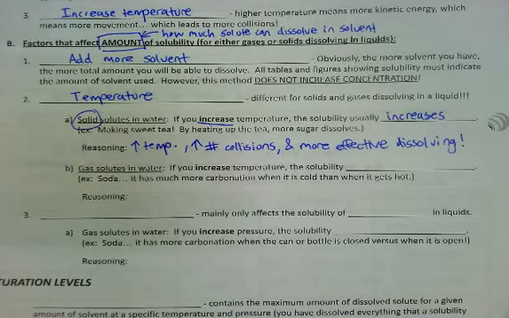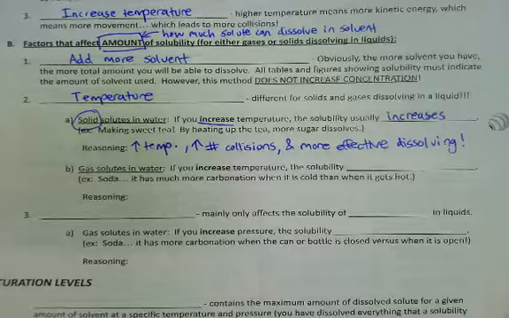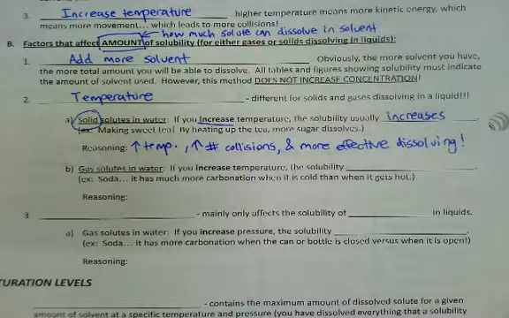And so that's one of the ways that you can get really, really sweet iced tea. But if you cool it down very quick, or you do something to disrupt, what we call disrupt the solution, then you can actually knock out all that extra sugar that you have dissolved in it. And so we'll talk about the reasons for that later as well. But yes, you can make your tea super, super sweet, and then if you cool it down slow enough, you can make it so that that sugar stays in that solution.